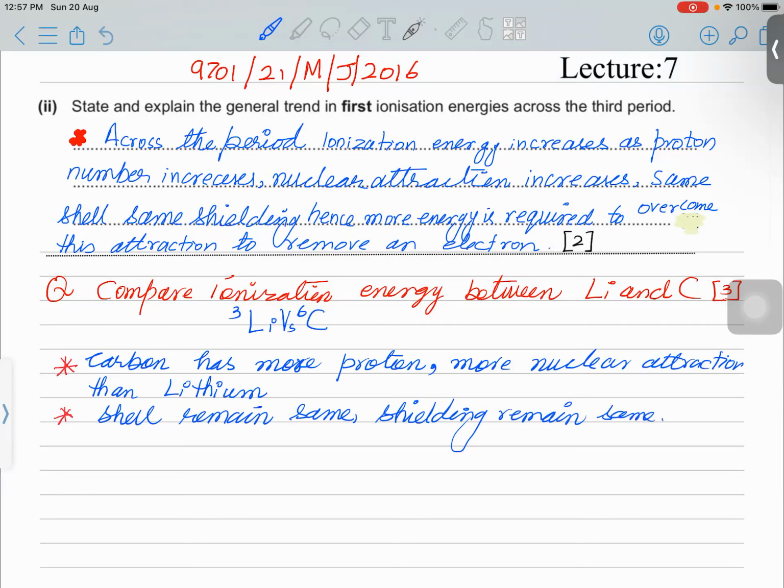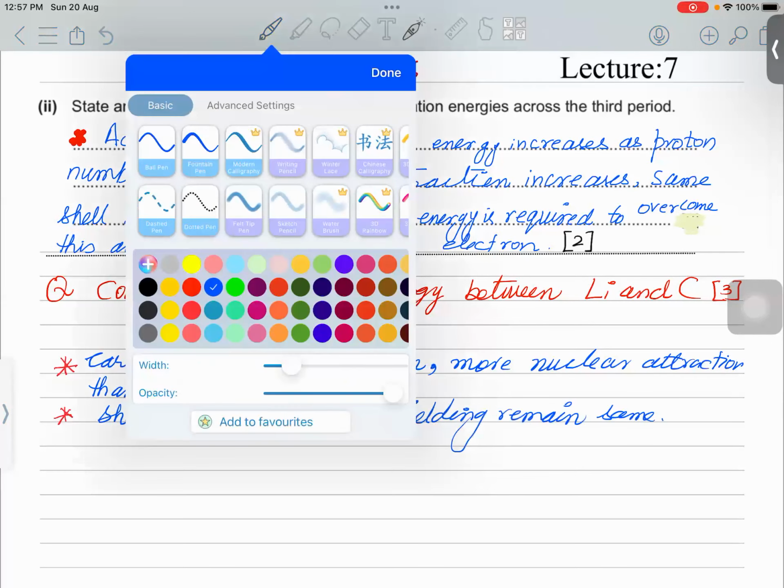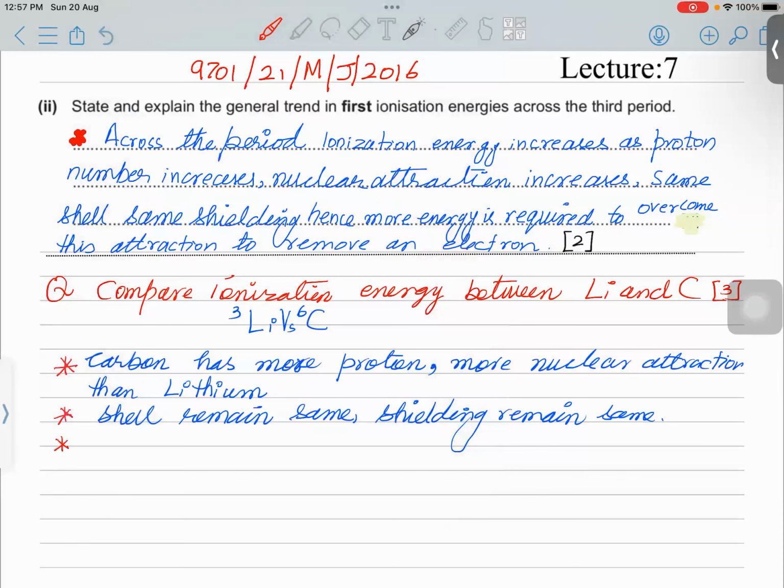As you told me, the period number is 2, so the shell number is 2 for both of them. So the shell factor, the size factor, is neglected because of same shell, same shielding.